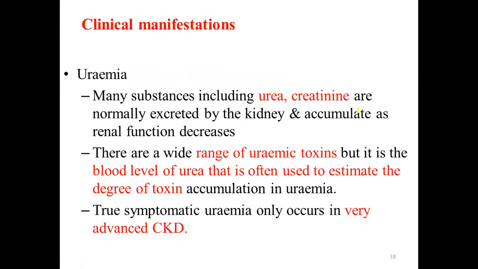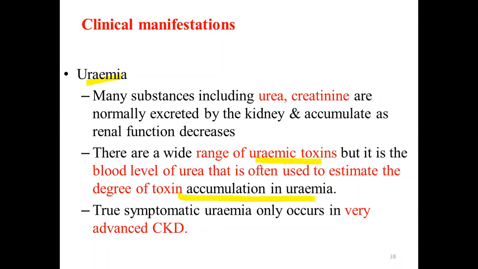Then, what we don't like with a kidney derangement is the accumulation of the uremic toxin. Remember, many substances, including urea and creatinine, are normally excreted by the kidney and they will accumulate when there is kidney function reduction. There is a wide range of uremic toxins in the blood, but most of the time, the degree of the toxin is estimated by the blood urea nitrogen level or the serum creatinine level.